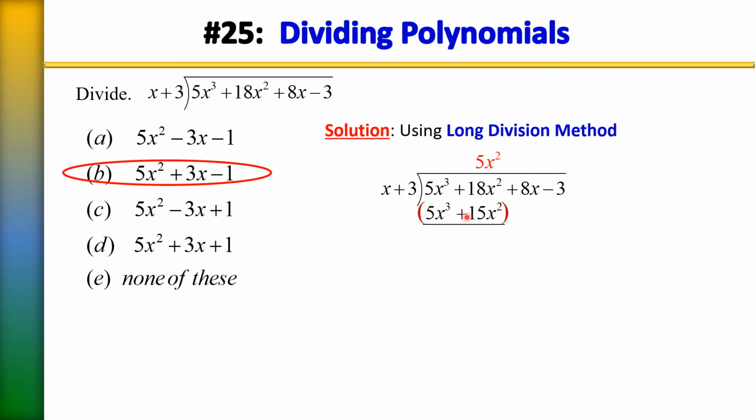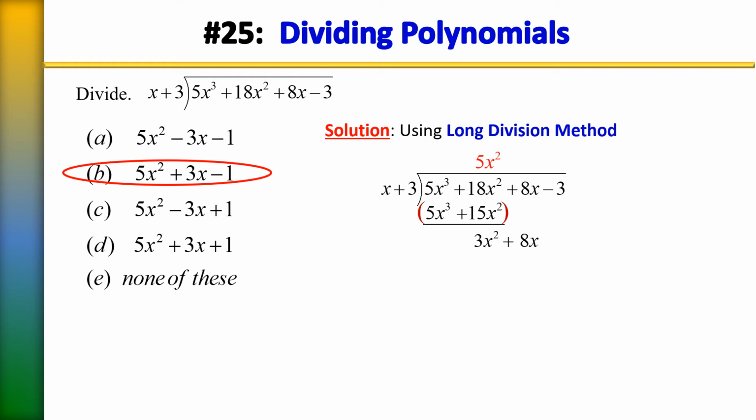This is now negative 15x squared. So now that these are opposites, to combine these, notice that my 5x cubes will cancel out. This will be 18 minus 15x squared, so that's going to give me 3x squared to bring down. I'm also going to go ahead and bring down my 8x here.